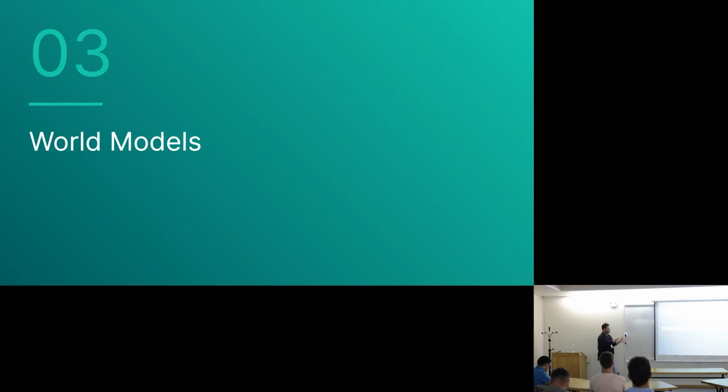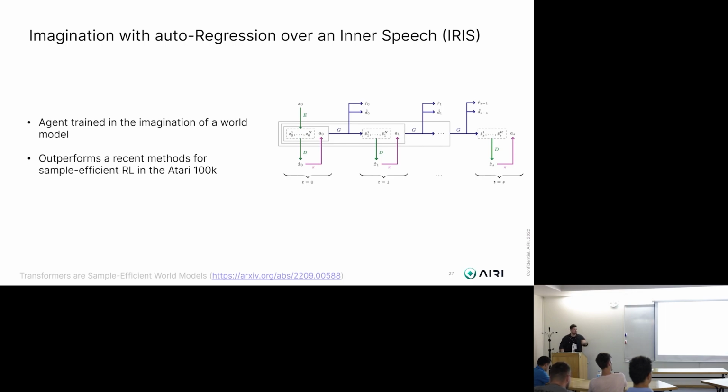But in the previous part, we've seen that we both model the world, the environment, and also learn a policy. But we can just learn the world model of the environment. And this is one of the recent works called IRIS. The idea here is: let's train our agent only in imagination, only using the world model of the environment.